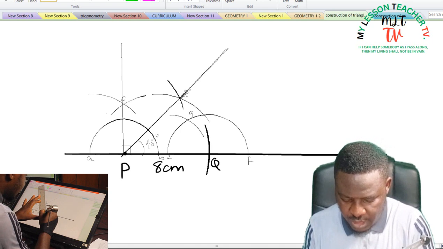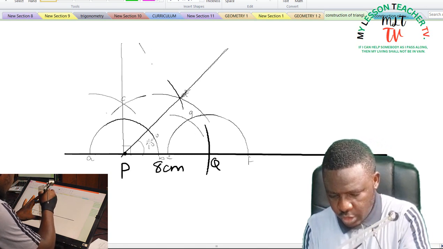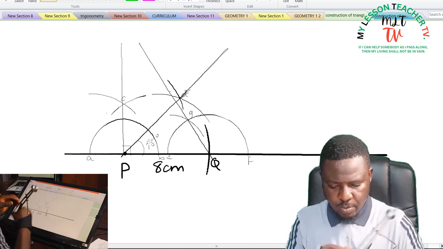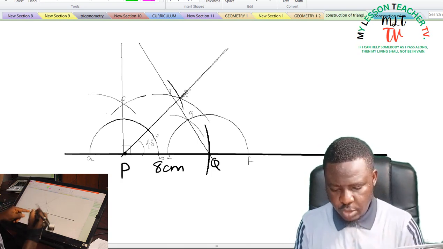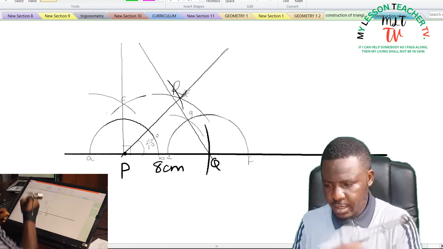It must intersect on that line, so you ensure that they are straight, so you join them. So this is said to be point R.